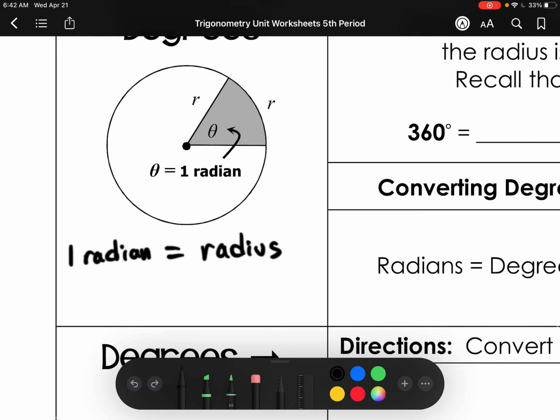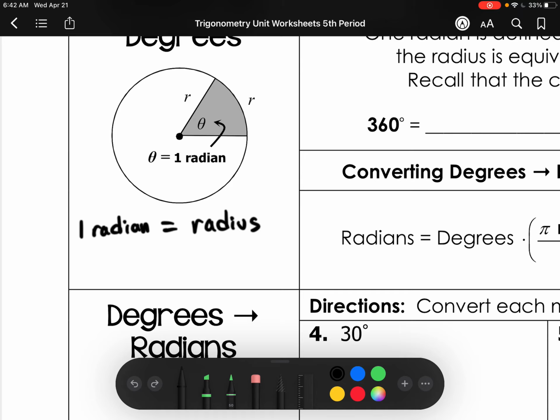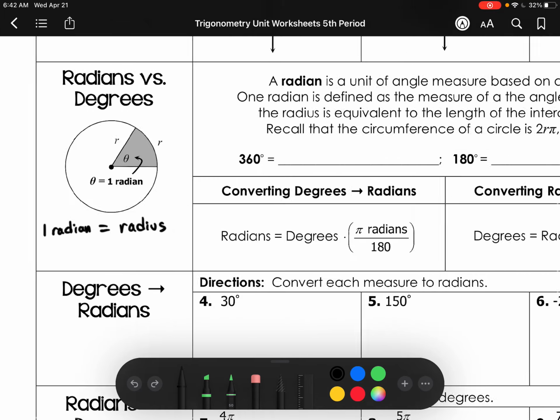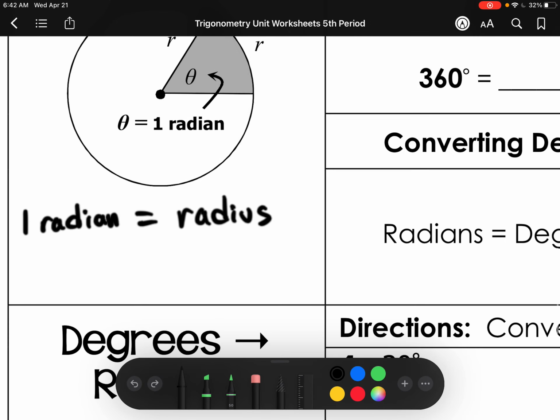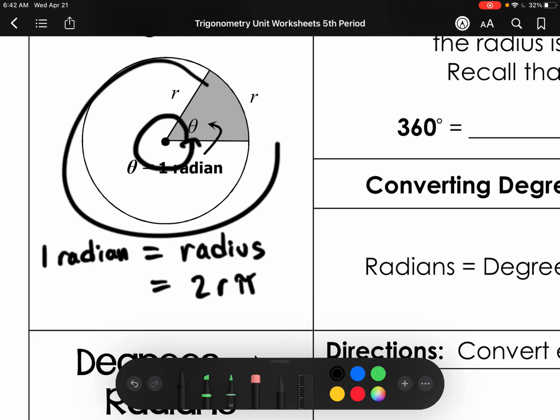If 1 radian equals the radius and the measure of the circumference of a circle is 2 times radius times pi, well, radius and radian are the same thing, right? And 360 degrees is the entire circumference of the circle, because that would be this angle right here, which forms the entire circumference.